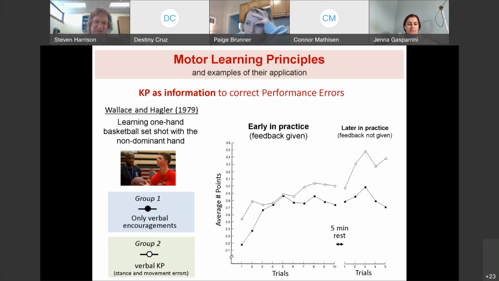What I want you to notice in these graphs is that on the left-hand side, there are some trials where we're seeing verbal knowledge of performance, the hollow circles, being a bit larger than only the verbal encouragement, and other trials where we're not really seeing a difference.